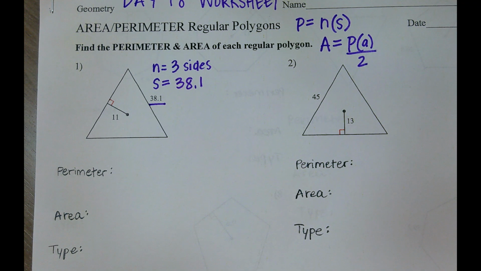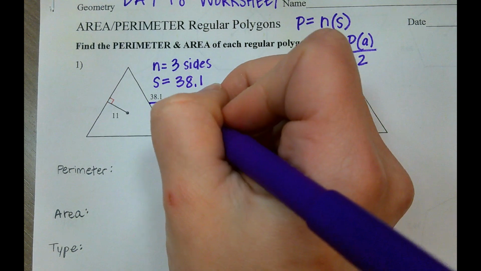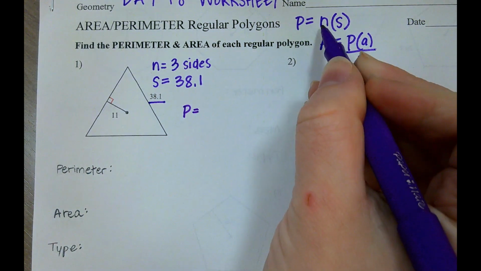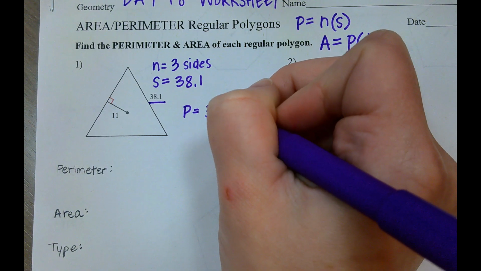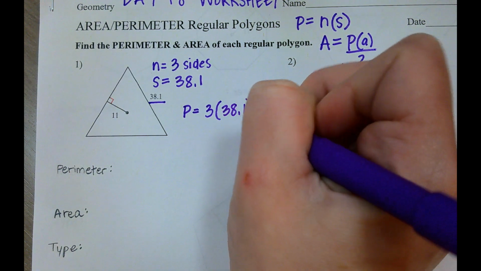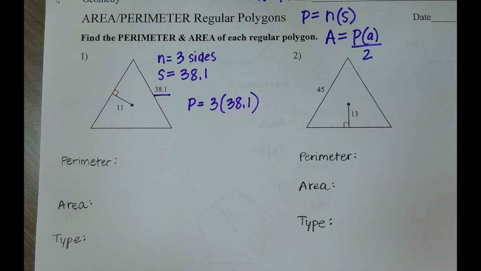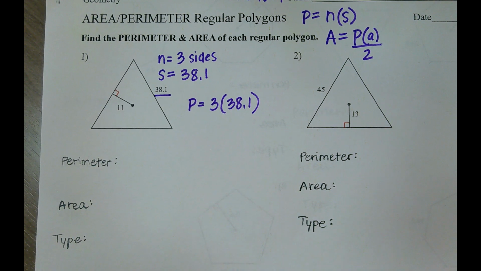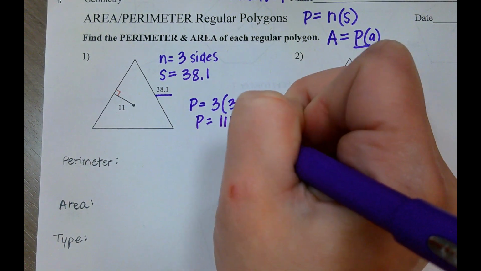And that should be enough to find perimeter. Okay. So I'm just going to plug those numbers in to our formula. P equals N, which is 3, times S, which is 38.1. All you do is multiply, and we'll see what we get. 3 times 38.1 is 114.3.